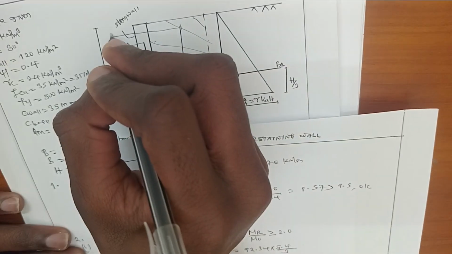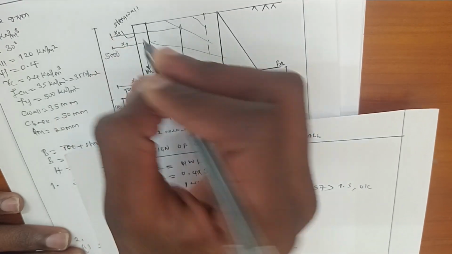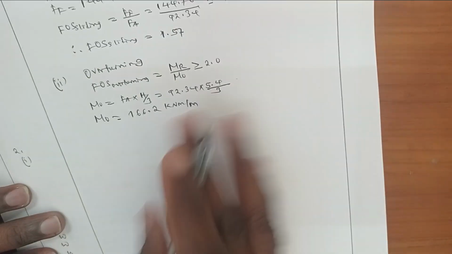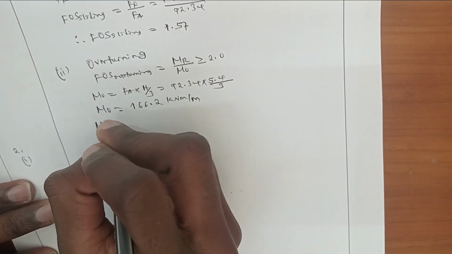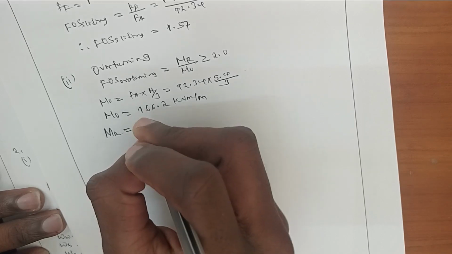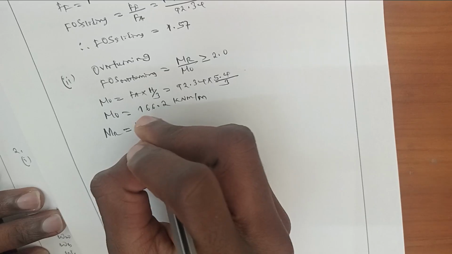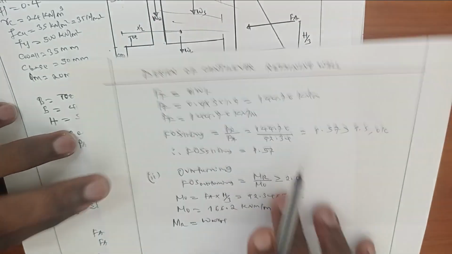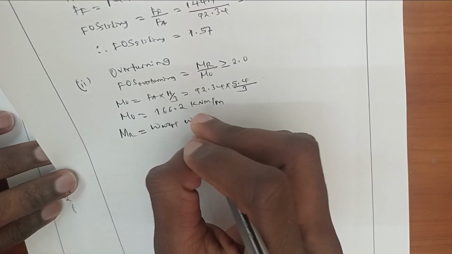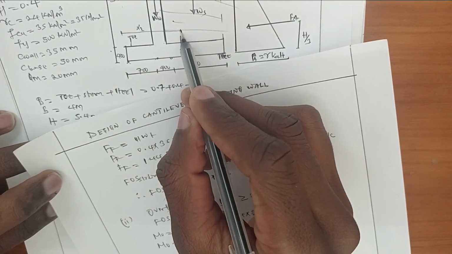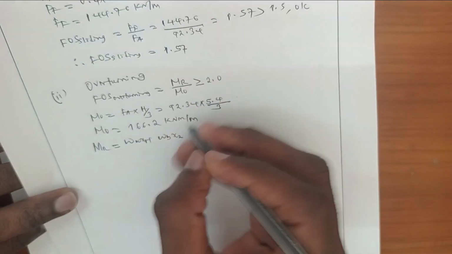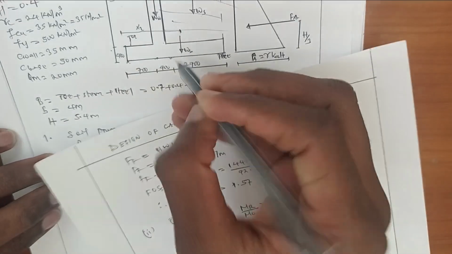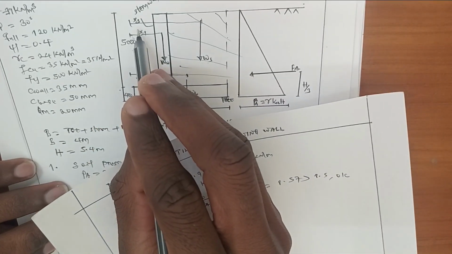Also, this is x3, the perpendicular distance of the weight of soil on the heel slab. The resistance moment is obtained by taking the weight of the stem times its perpendicular distance x1, plus the weight of base times its perpendicular distance x2, plus the weight of soil times its perpendicular distance x3.